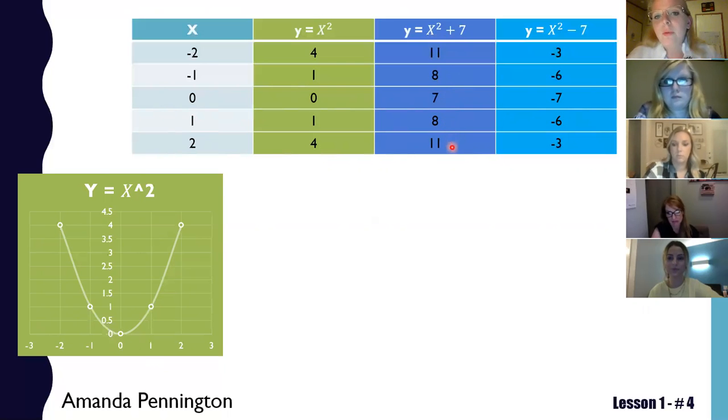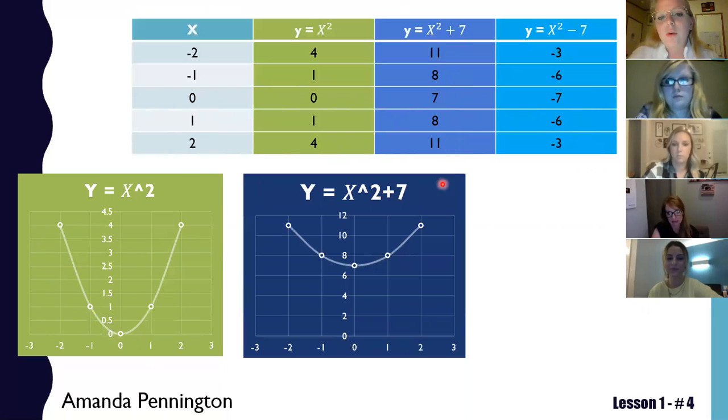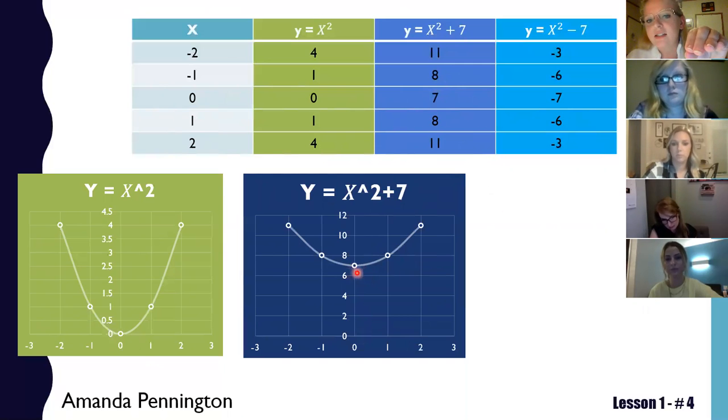When we plot that on the graph as well, we see something different happen. On the green graph, we see that it's at 0. But on the blue, the origin is right at 7. So when we take x squared plus 7, that means we start at 7 on the y-axis. So it's going up 7 on the graph.